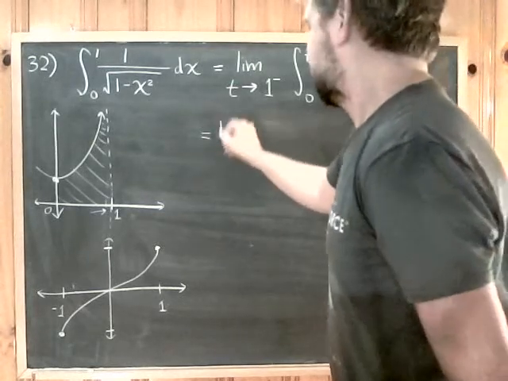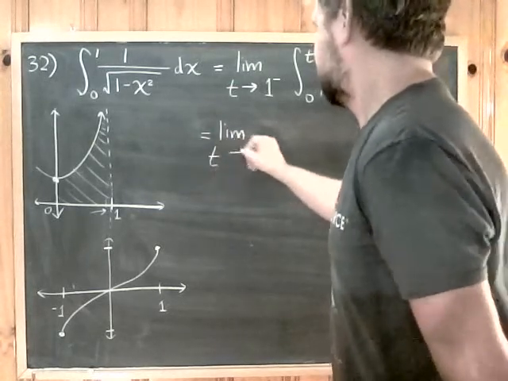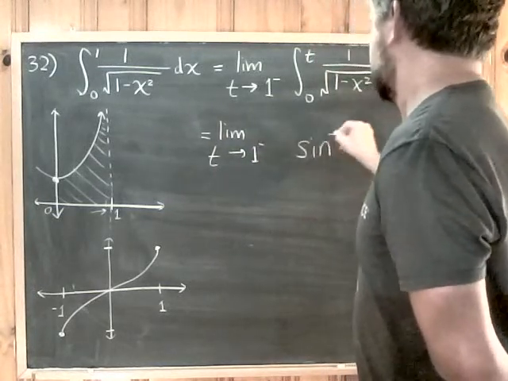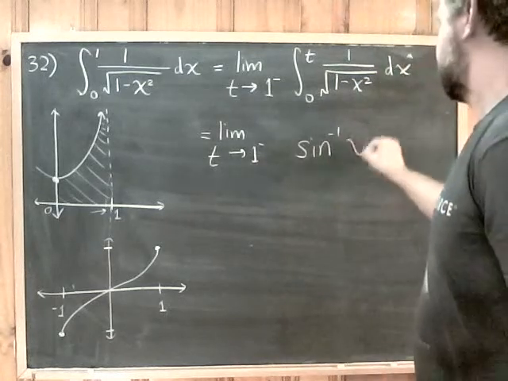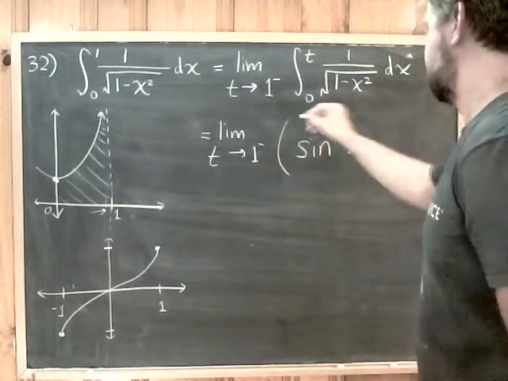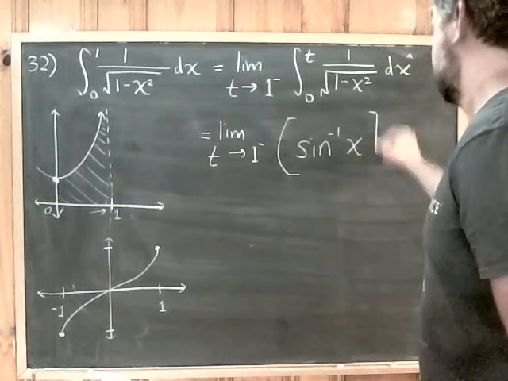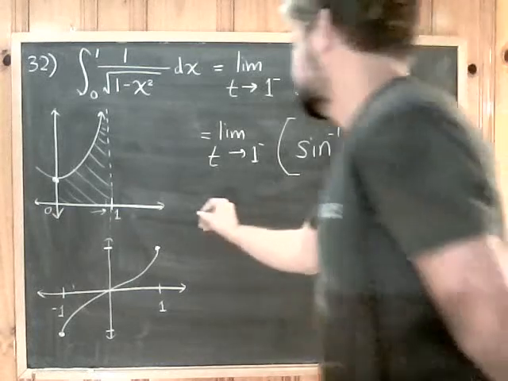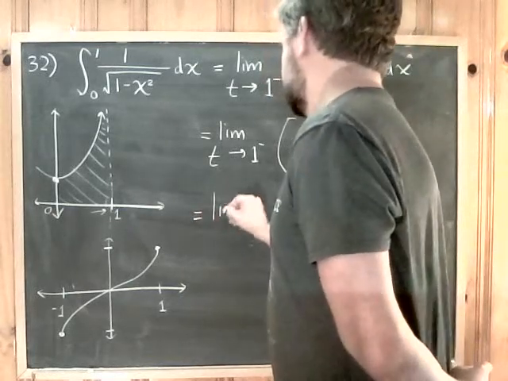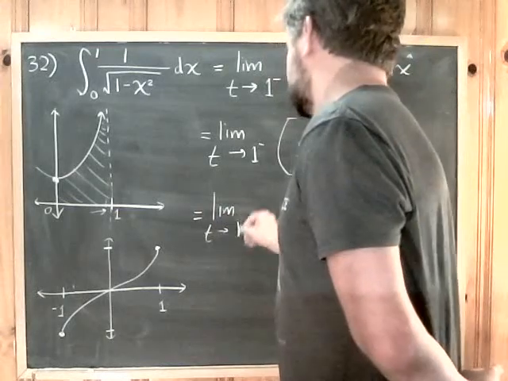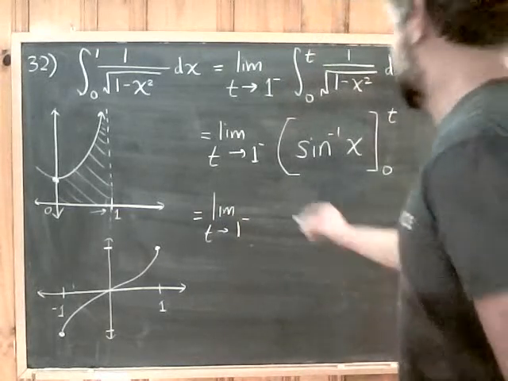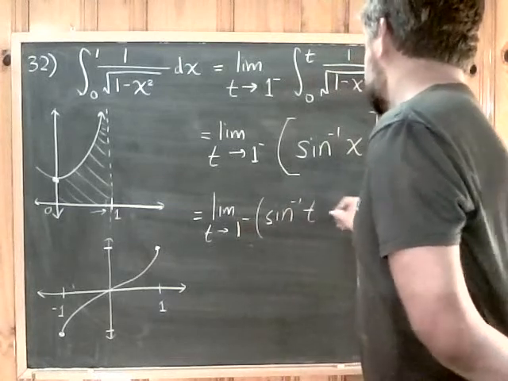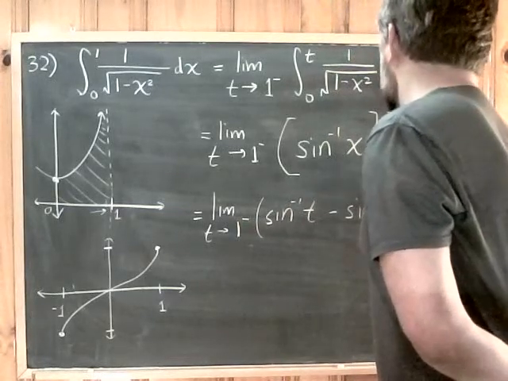So I'll go ahead and write the limit so I can fit it in there easily. This is inverse sine, or arc sine, and I need to evaluate it from 0 to t. So that's the limit as t goes to 1 minus of inverse sine of t minus inverse sine of 0.